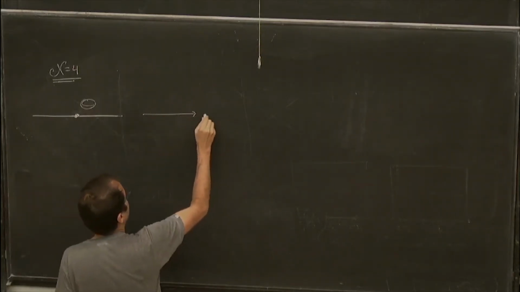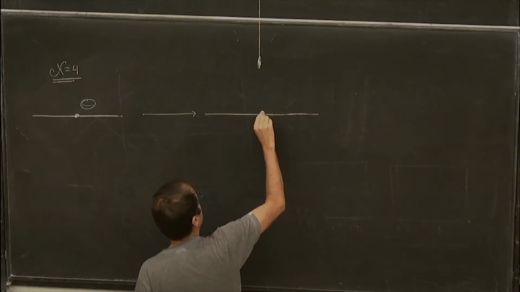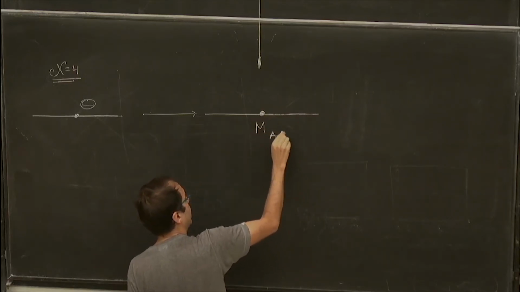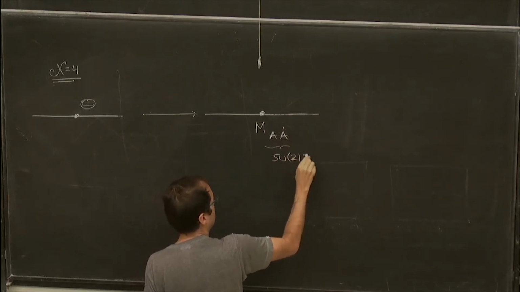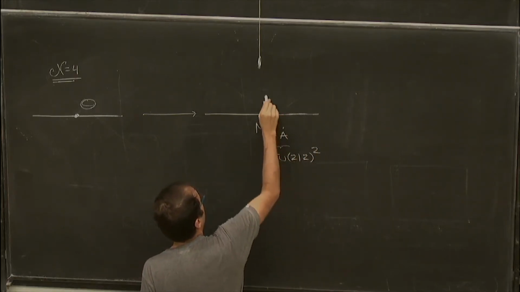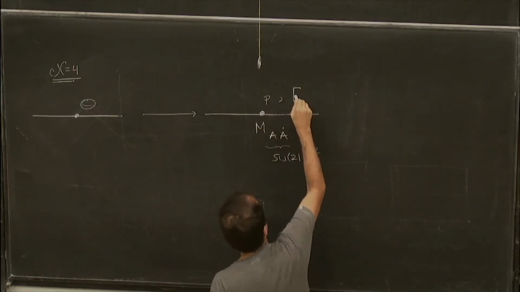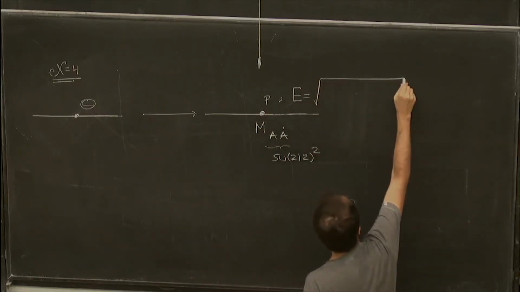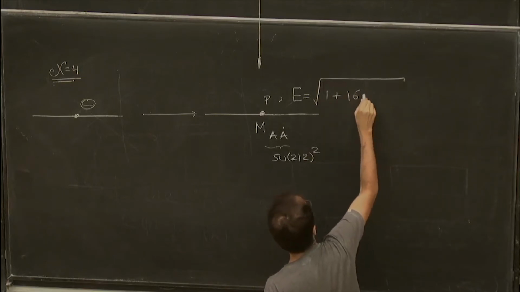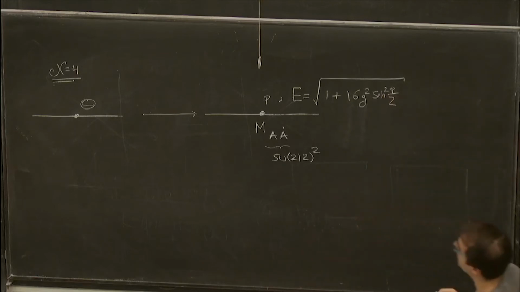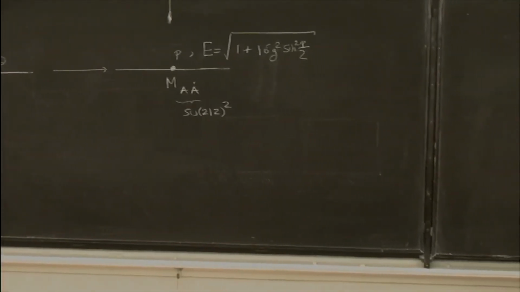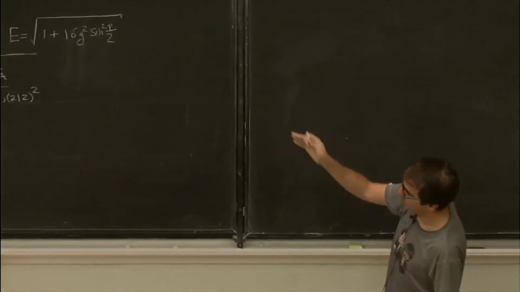And now, in N equals 4, the particle can be this excitation that Shota was explaining that transforms under SU(2|2) squared, and which has some momentum p with a dispersion relation, which is not relativistic, but something a bit more complicated, something like this. It also admits a Wick rotation. You can still replace p by i times energy, energy by i times p, and get a meaningful Wick rotation. But it's no longer relativistic.